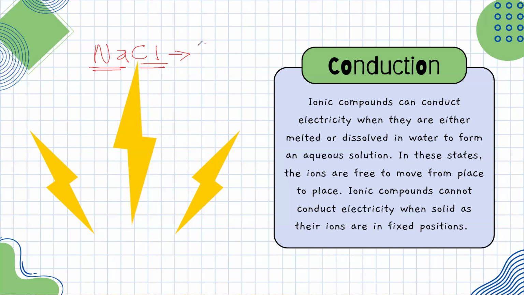And this is also known as your normal table salt. So when you melt sodium chloride or dissolve it in water, it can conduct electricity. However, when it is solid, it cannot conduct electricity because the ions are in fixed positions.